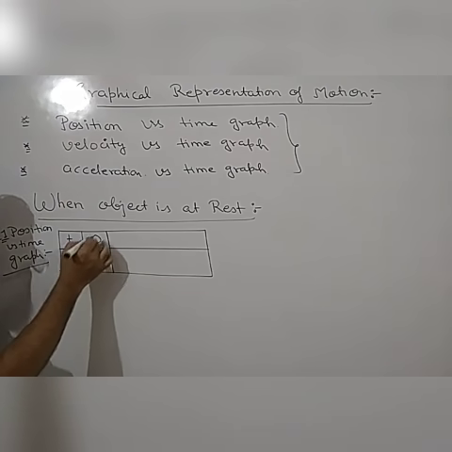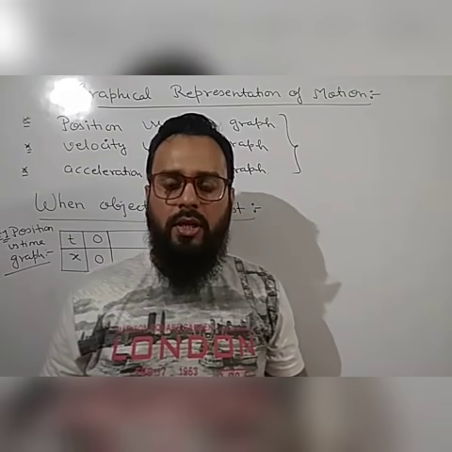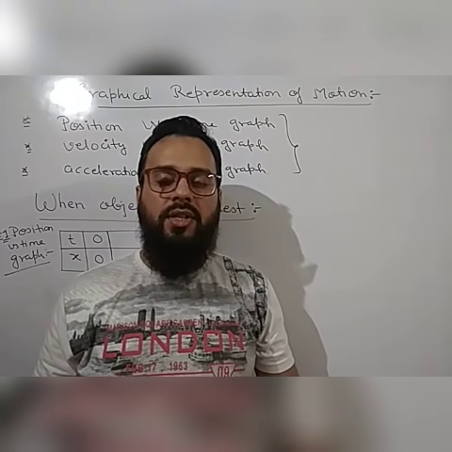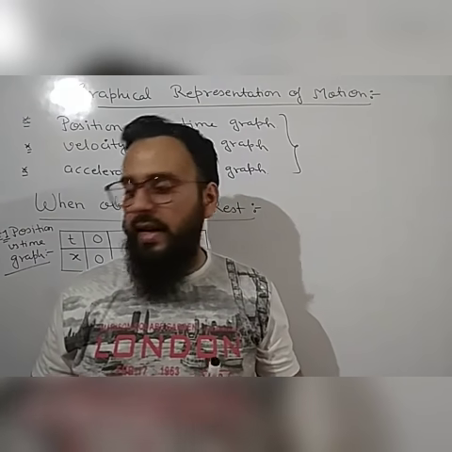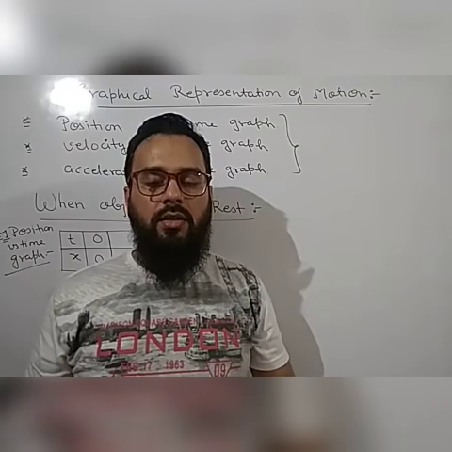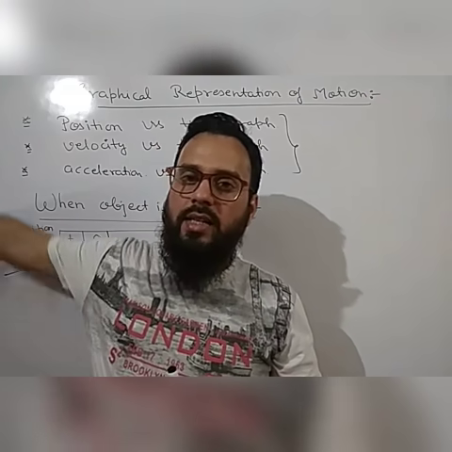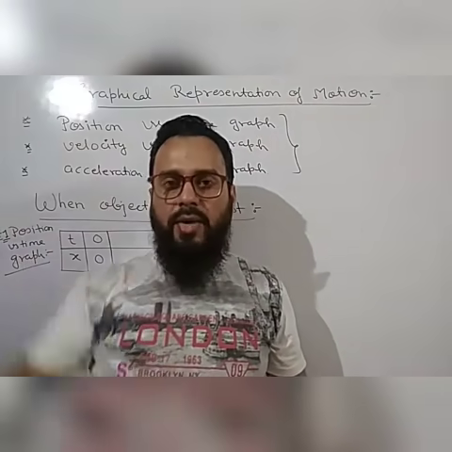Suppose at t equal to 0, the object was at 0. Suppose I am standing here. What is the frame of reference? If I consider the x-axis and y-axis with respect to me, then I will be at the origin. So I am standing at the origin. In this side it is the x-axis and upward is the y-axis.